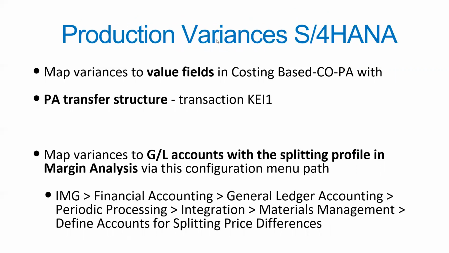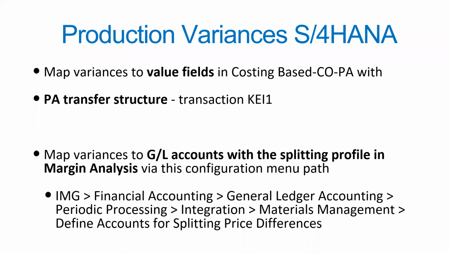So now let's talk a bit more about production variances in S/4HANA. You map variances to value fields in costing-based COPA with the PA transfer structure, transaction KEI1. That's in ECC and also in S/4HANA.